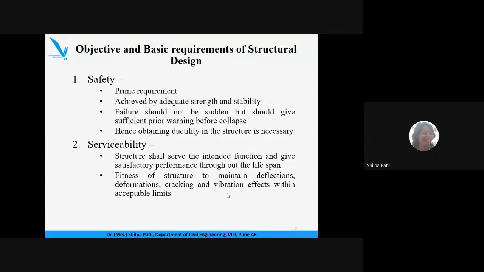So the serviceability criteria are normally measured based on the deformations. Now, deformation may be in the form of a deflection, cracking, or even vibration.